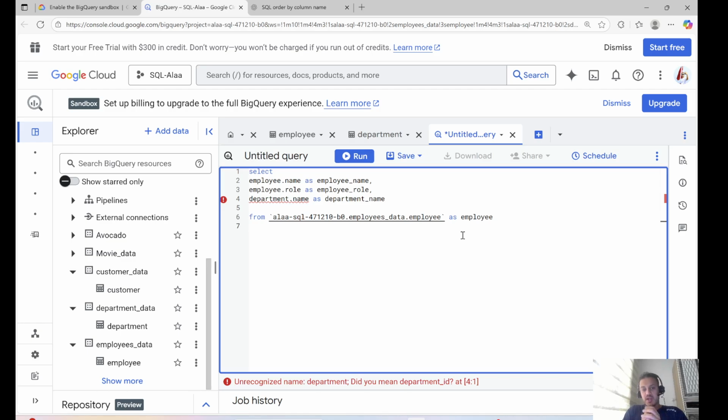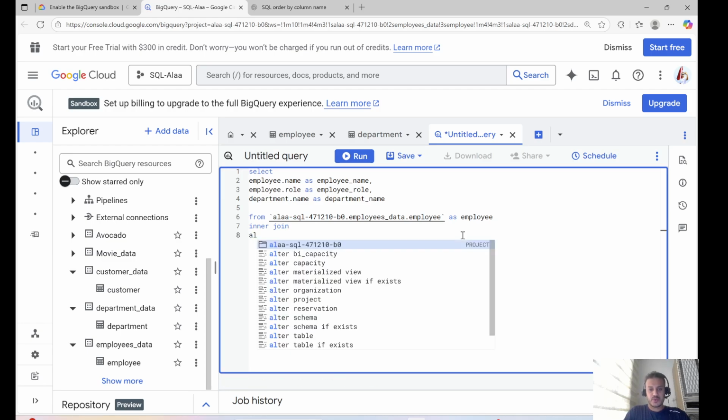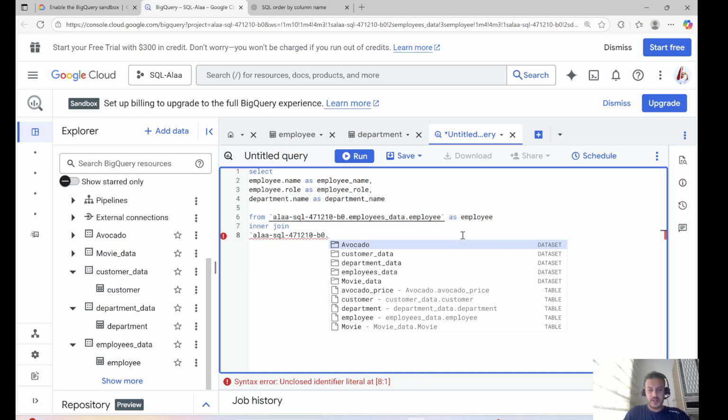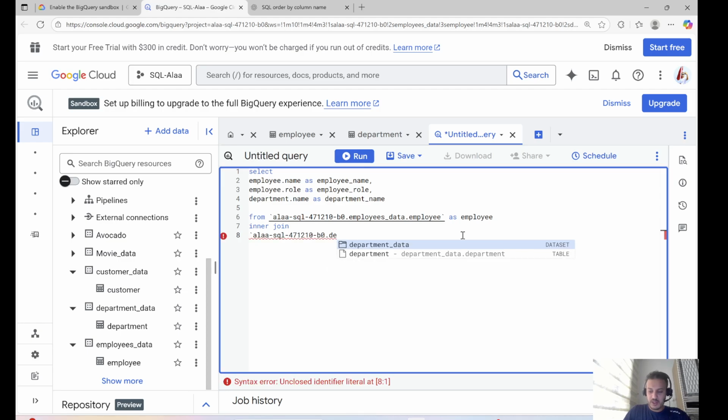Now we will start with the inner join. We need to combine the employee table with the department table, so department data dot department, as department.